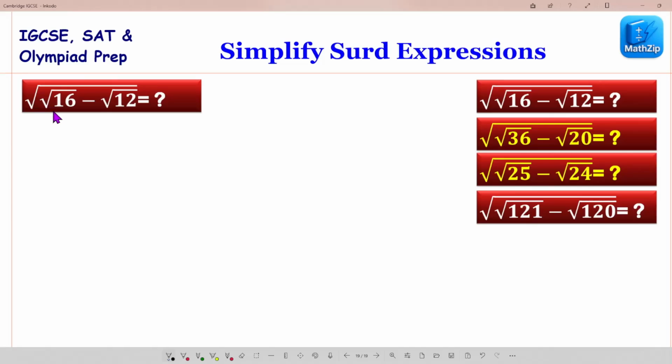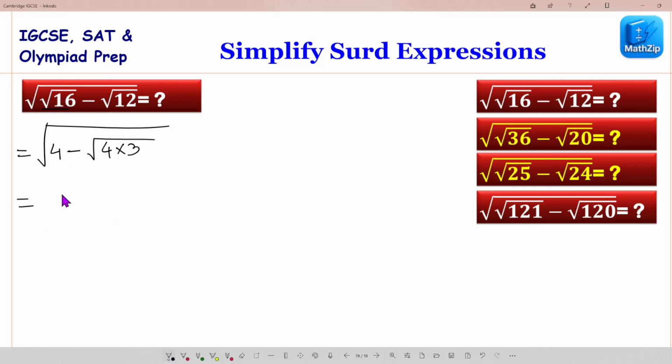Under root, 16 minus root 12, we have to find out the value. So first, this root 16 means 4, minus this root 12. What can we do? We can write 4 times 3 under root.